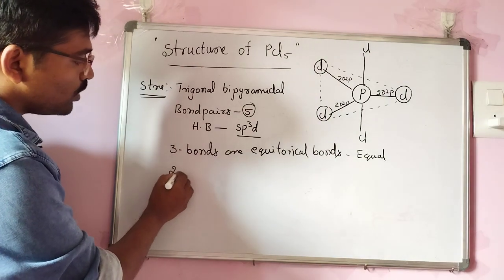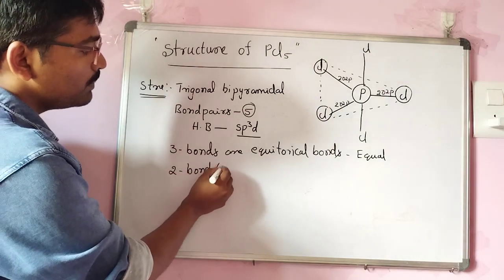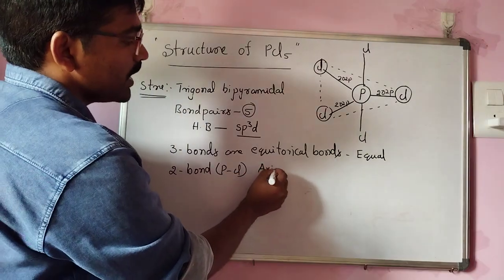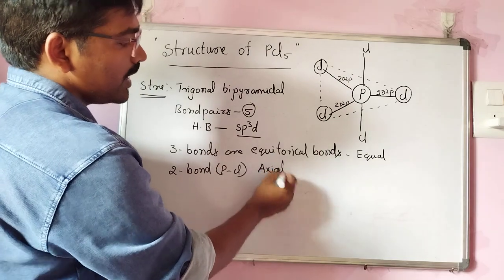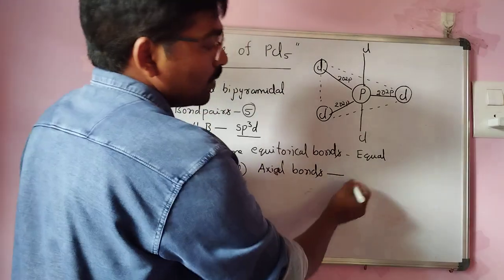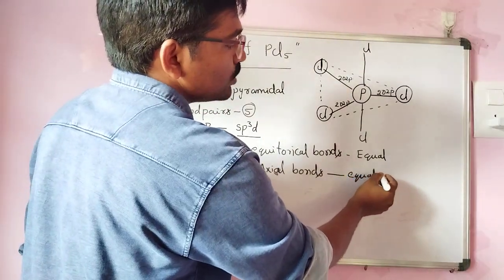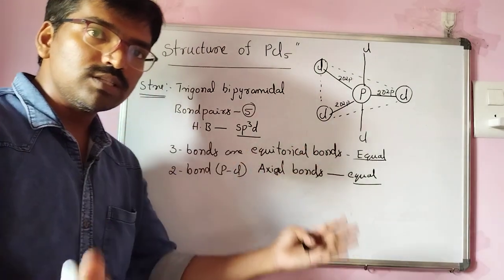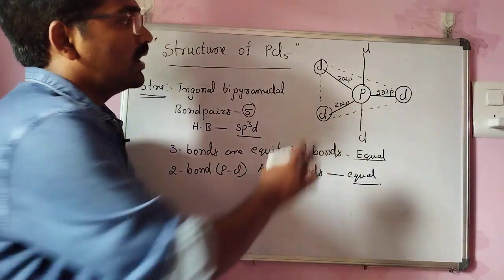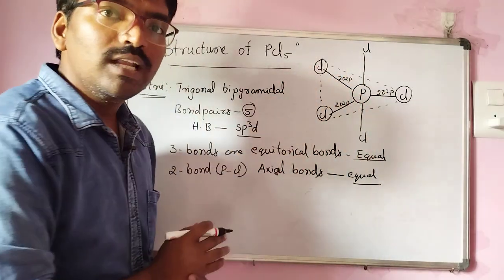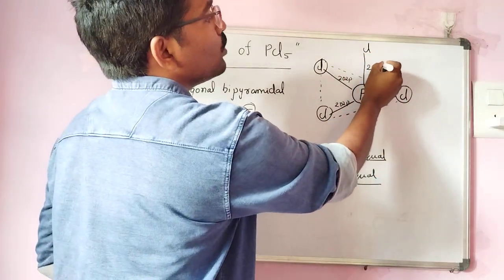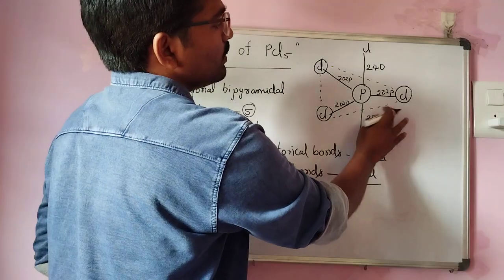Then what about these 2 P-Cl bonds? We call them axial bonds, and both axial bonds are equal. So 3 equatorial bonds are equal, and 2 axial bonds are equal. The equatorial bond length is 202 picometers, while above and below it is 240 picometers.